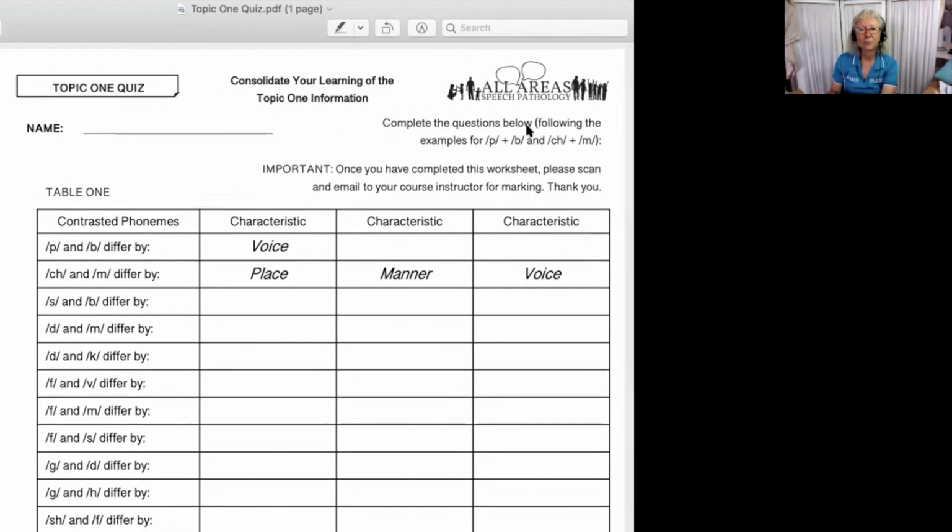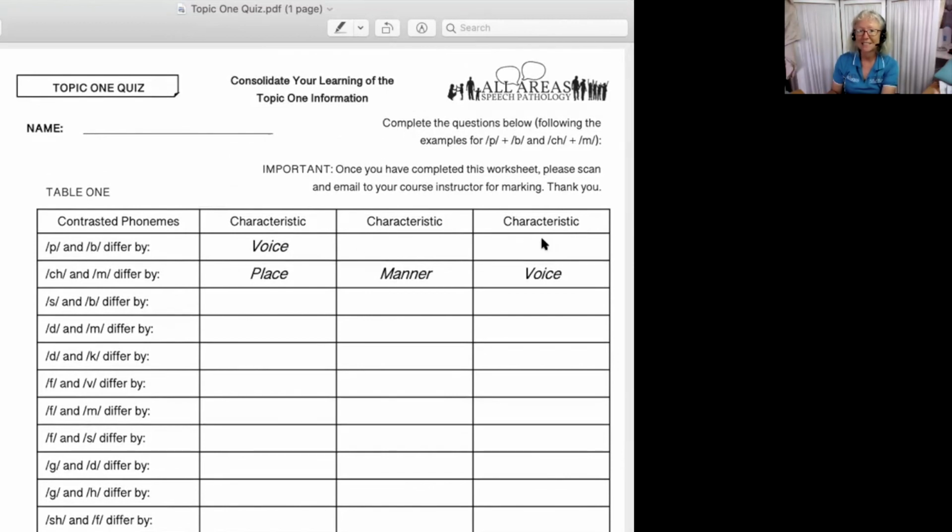Complete the questions below following the examples for p and b and ch and m. So contrasted phonemes, so difference. P and b differ by voice. That's all. The manner is the same, so we won't write manner.